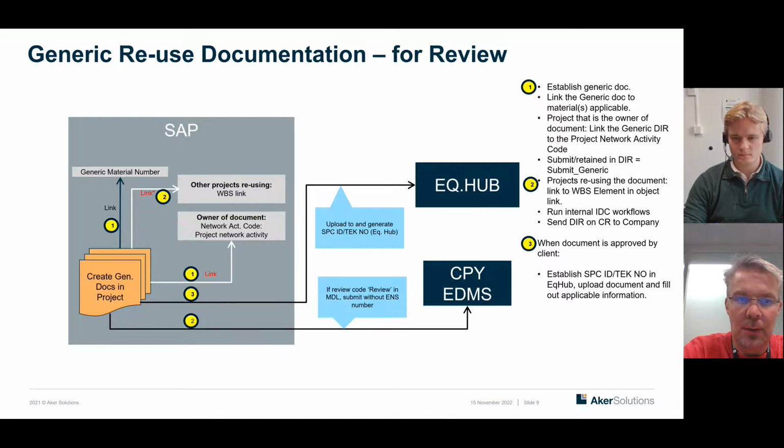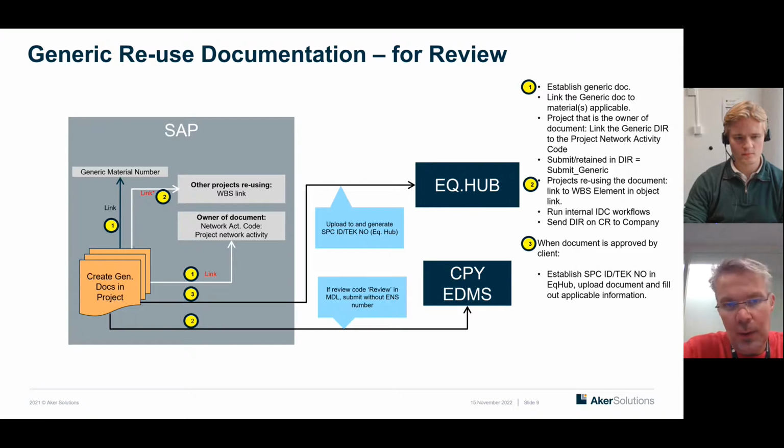Then we send the document through our document control into the client's DMS system. It's reviewed, it's going back and forth until it's acceptance code 1, which we normally then get when we have a document which is approved.